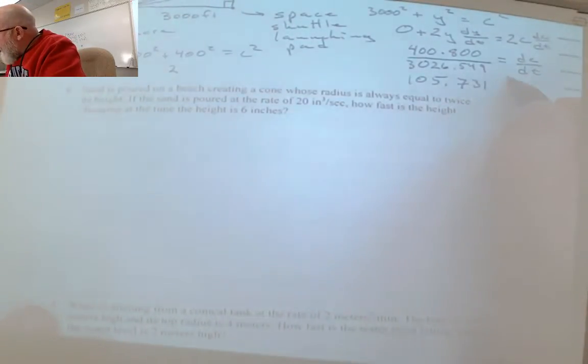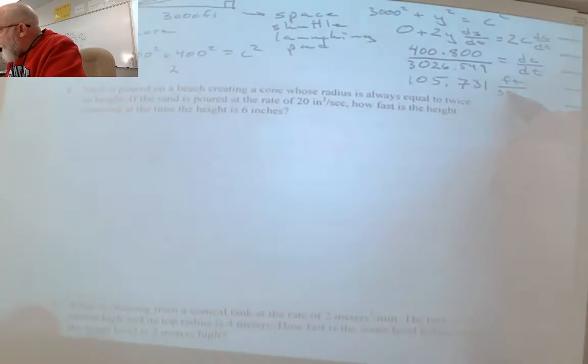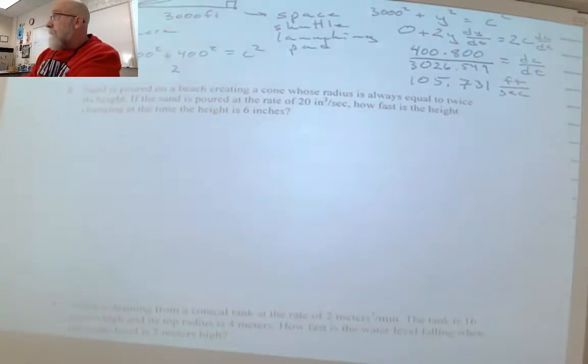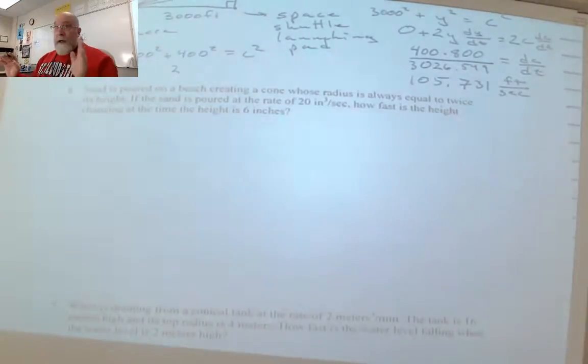Feet per second. Does it make sense that that rocket is going up at that moment 105.731 feet per second at that time? Okay? I see people saying okay.